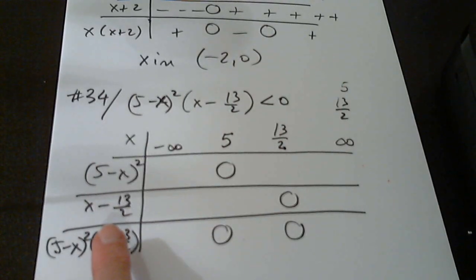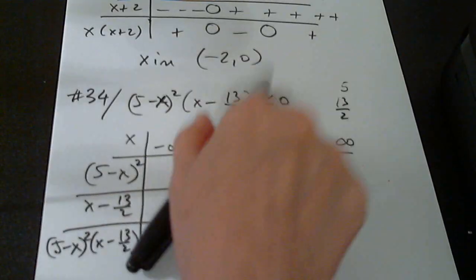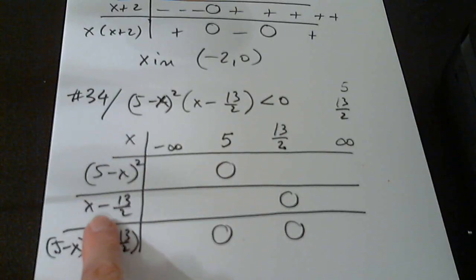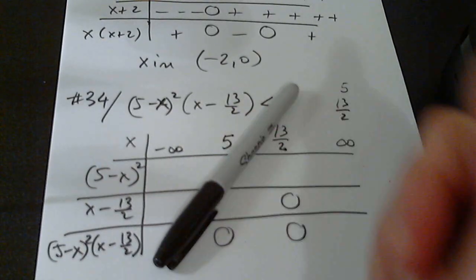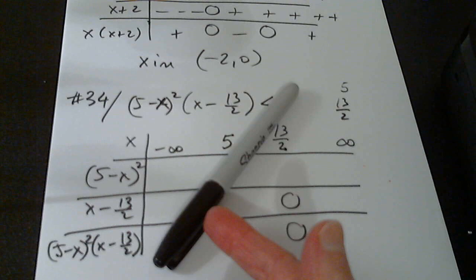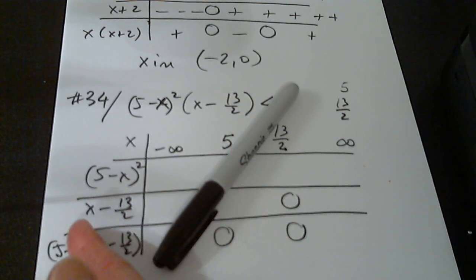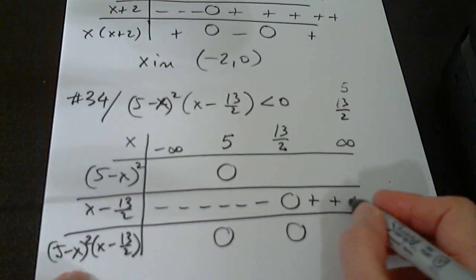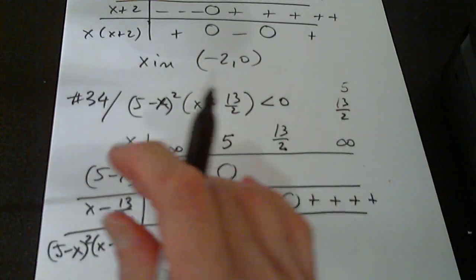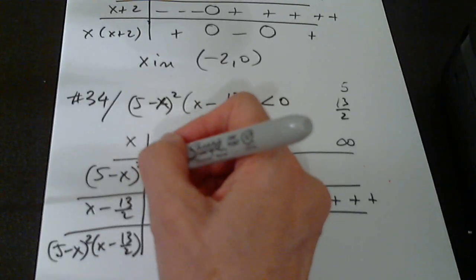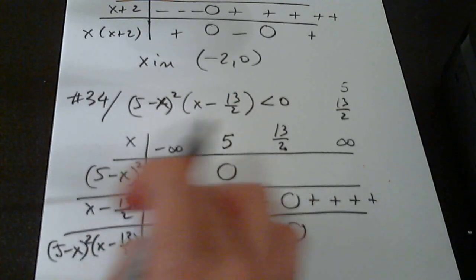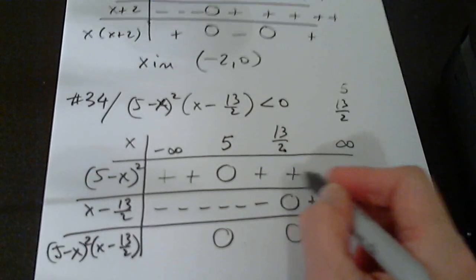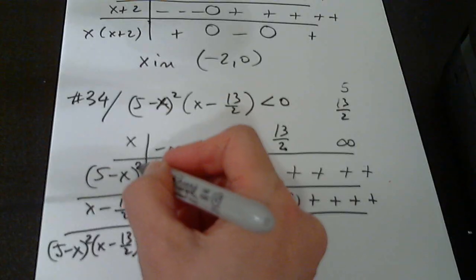Let's start with the second one. X minus 13 halves. Is it this or is it this? Does it have a positive leading coefficient? In other words, positive slope. Good. So it's this. Now, because of the power 2, no matter what I plug in, this will always be a positive number because it's squared.